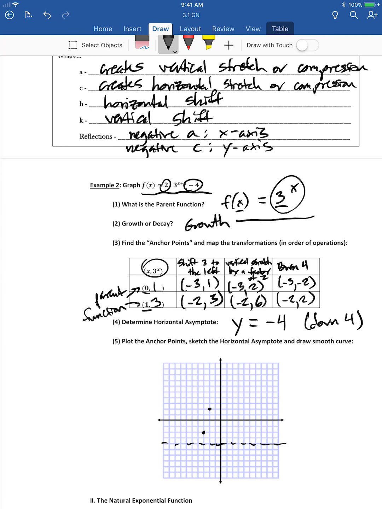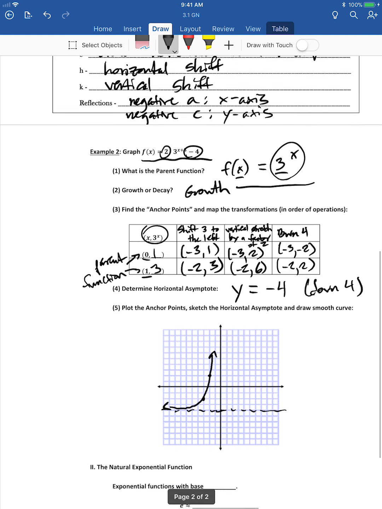And if you want to check this in a graphing calculator or Desmos or what have you, that's fine. I need to draw my smooth curve. So again, it's approaching the asymptote as it goes off to negative infinity, and then it's going up dramatically because it's exponential. All right.